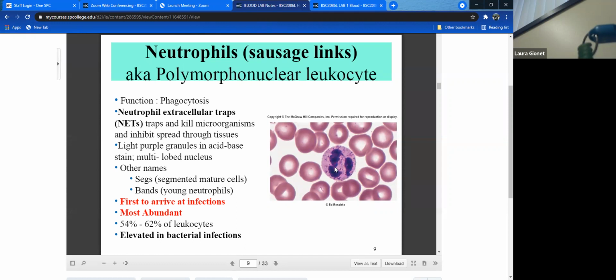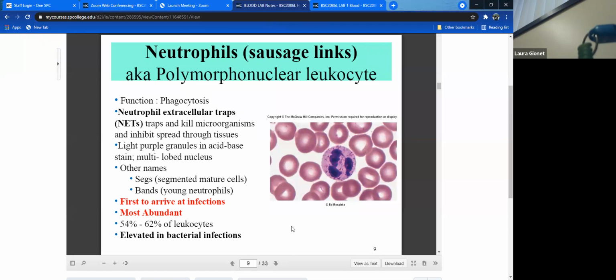It has abundant cytoplasm, in this staining a light lavender, kind of a light pink. And you have granules that you can see, right? They generally are taking up a darker purple stain, but you can still see a lot of cytoplasm and the segments of the nucleus here. So those are things to keep in mind to help you identify a neutrophil on a slide.